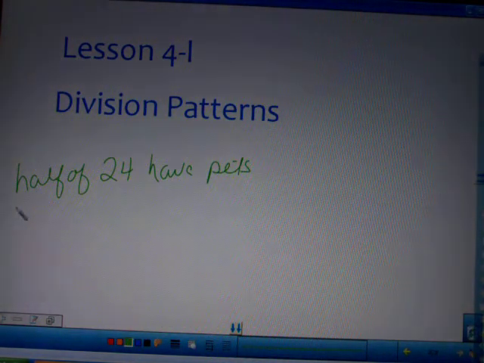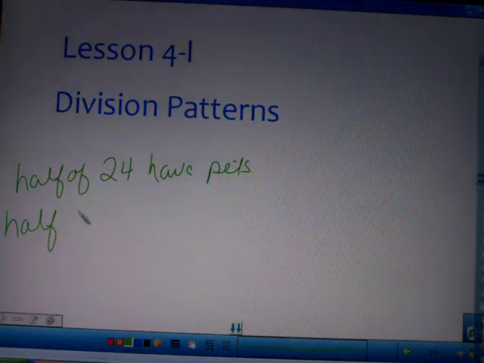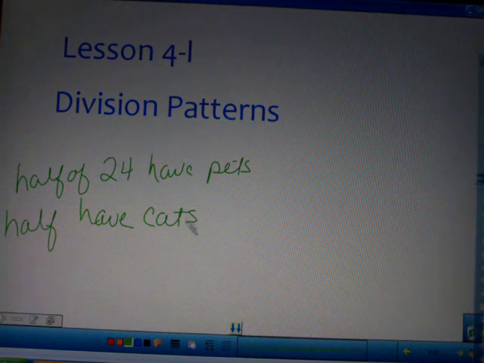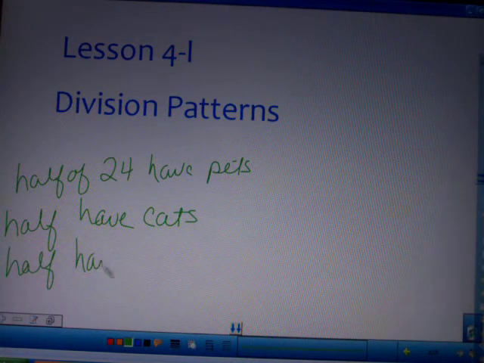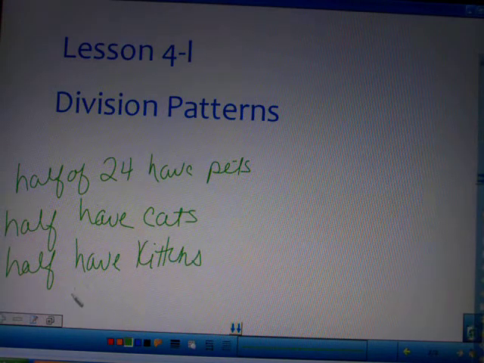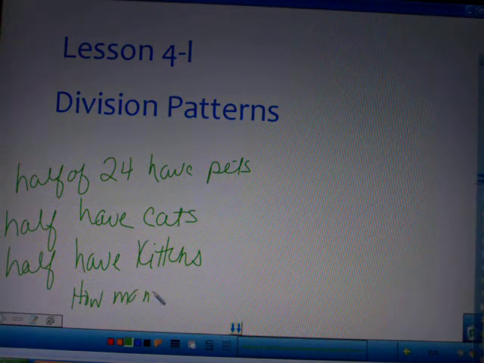Now, half of the students with pets have cats. And half of those with cats have kittens. The question is, how many students have kittens?